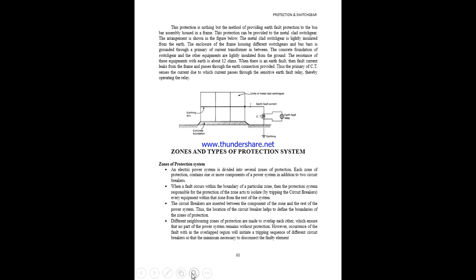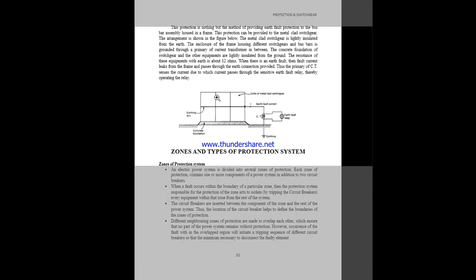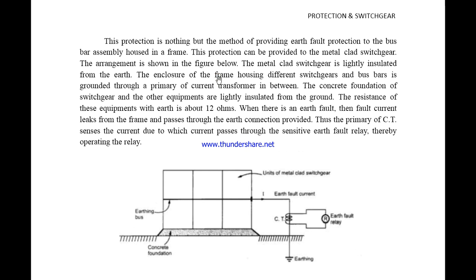While considering this protection, this is a unit of metal clad switchgear, and this is an earthing bus which is connected to the concrete foundation, a fixed part. The earthing bus is then connected to a CT, that is a current transformer, which is connected in parallel with the earth fault relay.